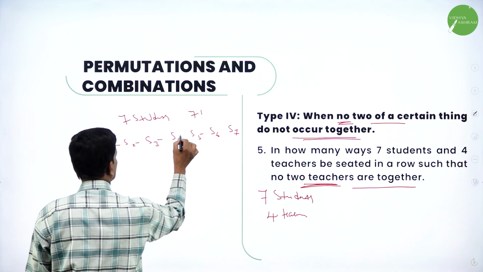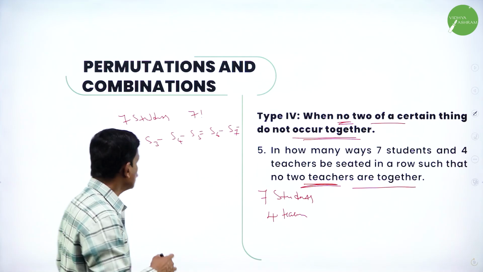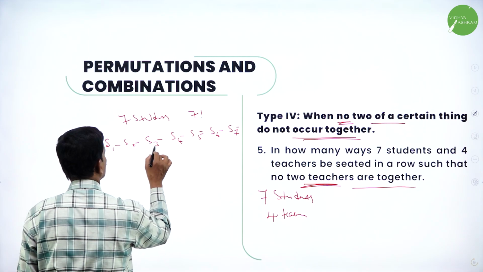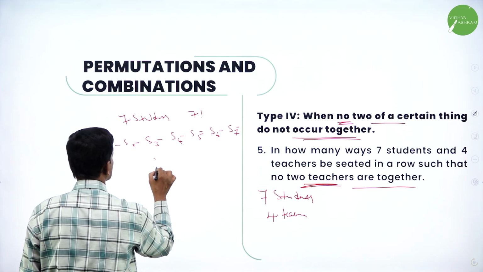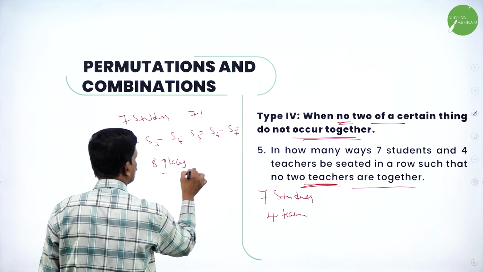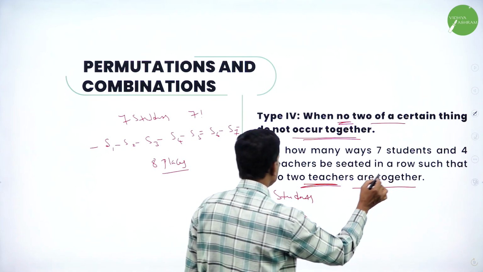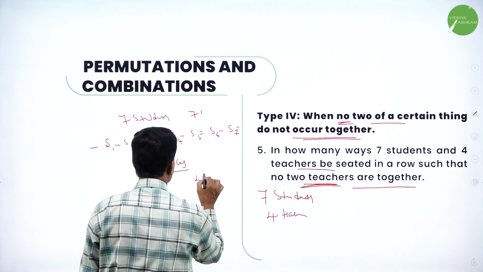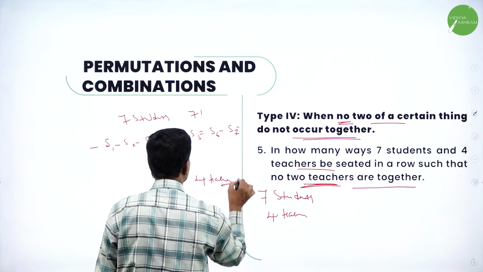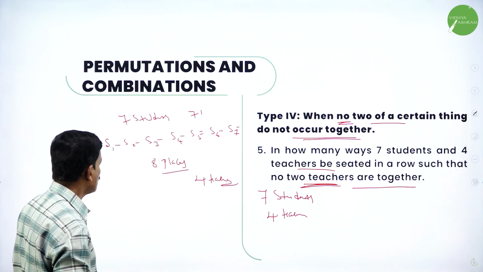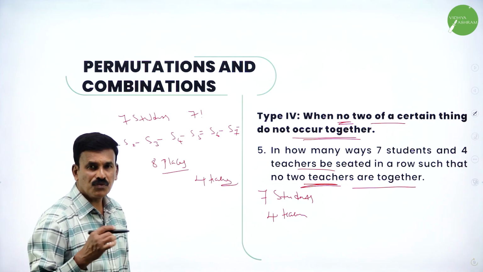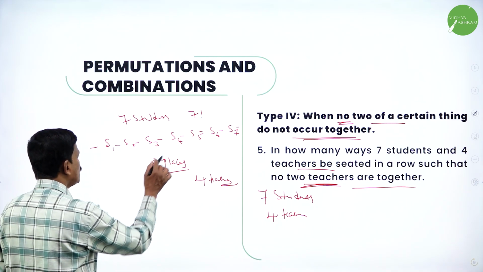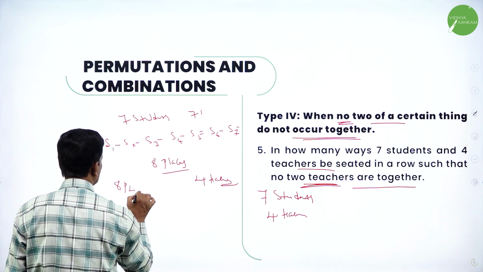So here in these gaps, how many places are there? 1, 2, 3, 4, 5, 6, 7, 8 places. In these 8 places, we are going to fill 4 teachers. All these 4 teachers can be filled in 8 gaps in 8P4 ways.